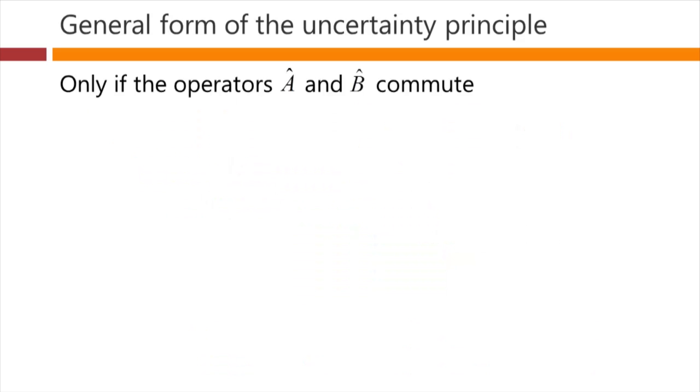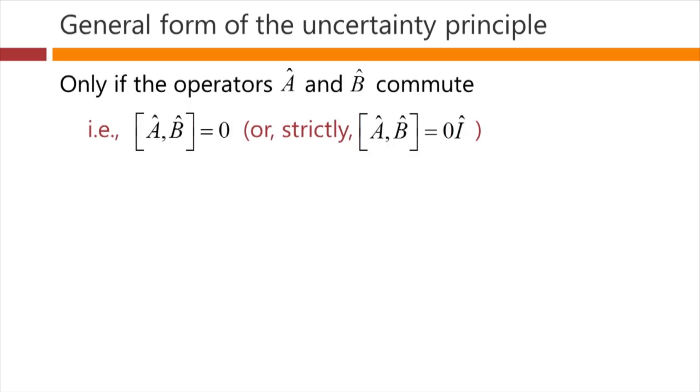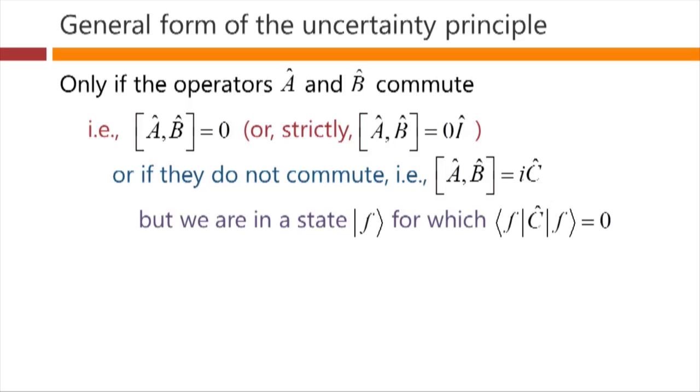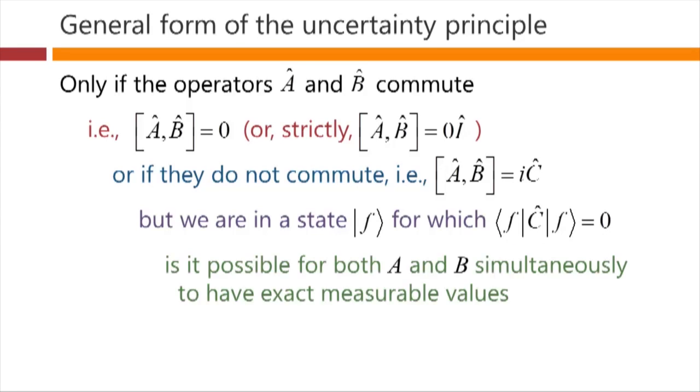Only if the operators A and B commute, that is, A and B have a commutator that is 0, or strictly speaking 0 times an identity operator, or possibly if they do not commute, they have a commutator rest, but we're in a state f for which this expectation value of the commutator rest is equal to 0. Only in those cases is it possible for both A and B simultaneously to have exact measurable values.